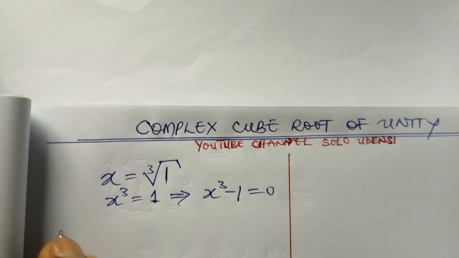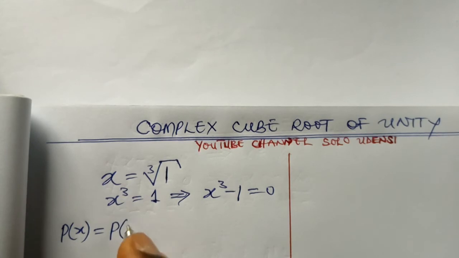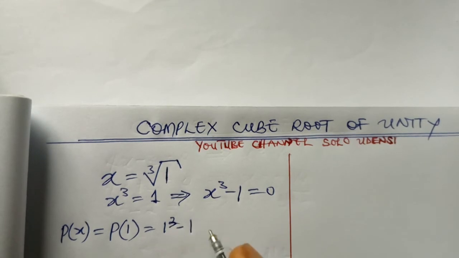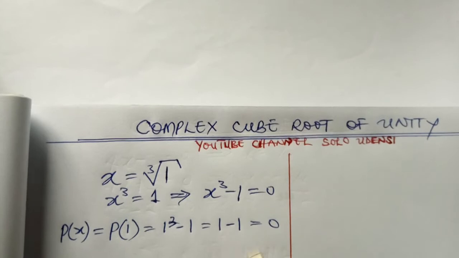So let us use the polynomial to check. If we put p of 1 into this equation, we'll get 1 cubed minus 1, which is 1 minus 1, equal to 0.